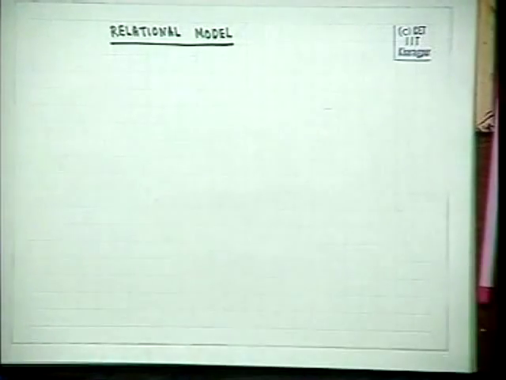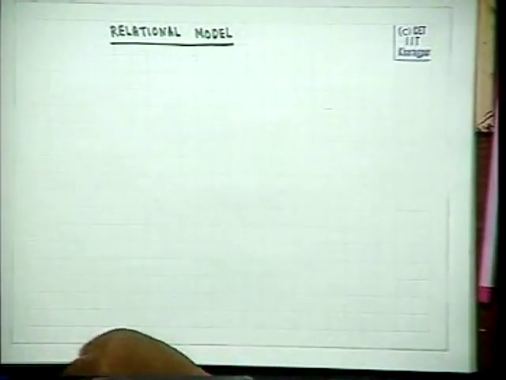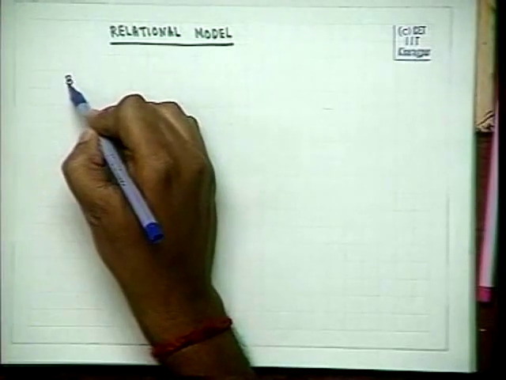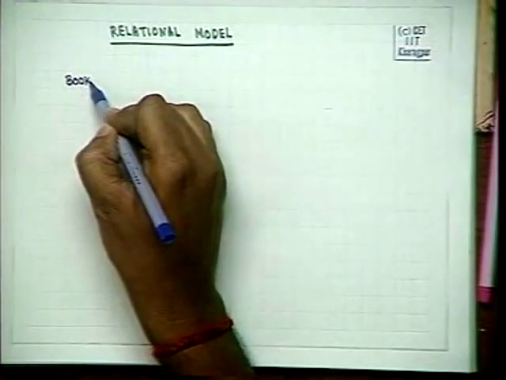In the relational model, we express all our information in terms of relations or tables. For example, let us go back to the problem that we have now been tackling. We have one table for book, and that table will have a number of fields. So, let us look at the book table or the book relation.